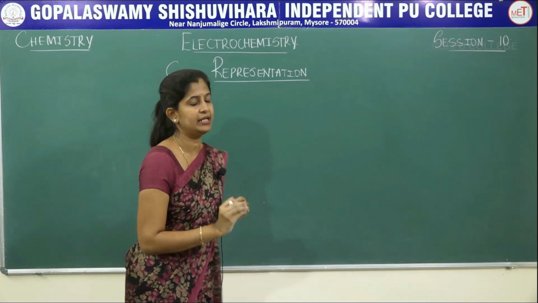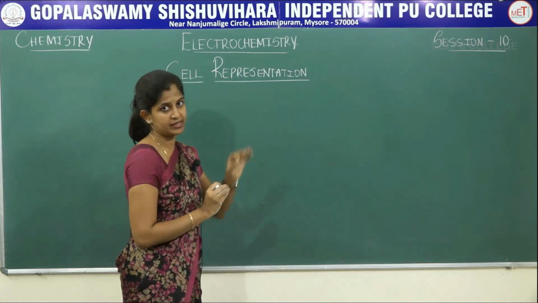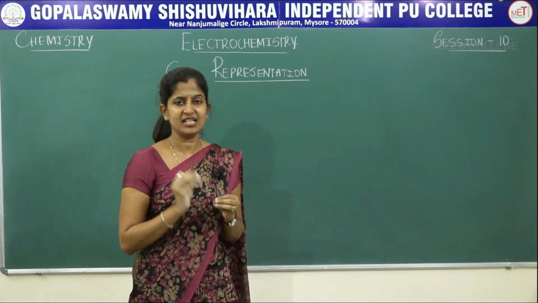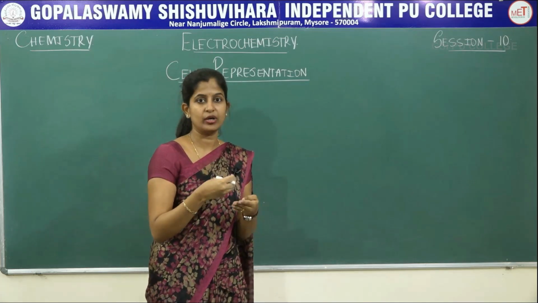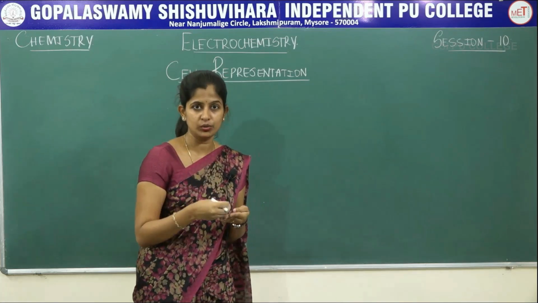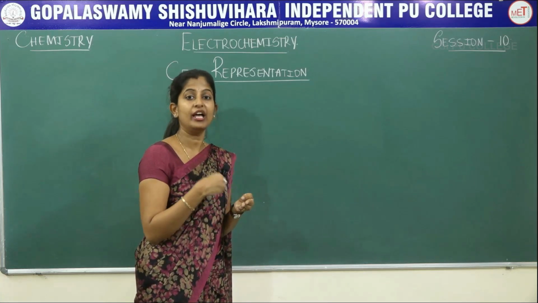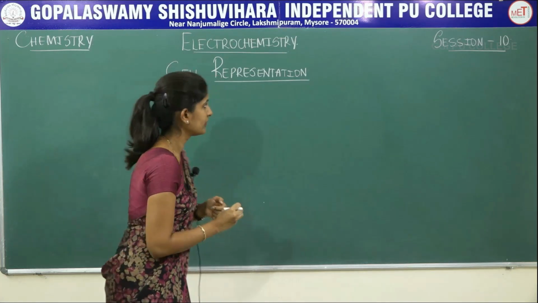Such a representation is called cell representation. It represents everything about your cell, just like your Aadhaar card, wherein you can have all the information about you. So cell representation is in the same way a format wherein you can know everything about a cell.